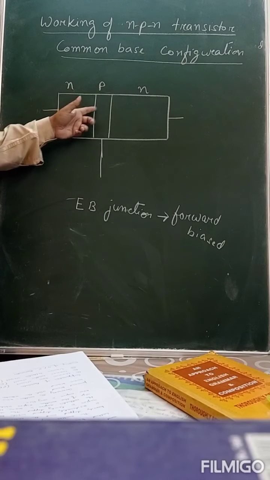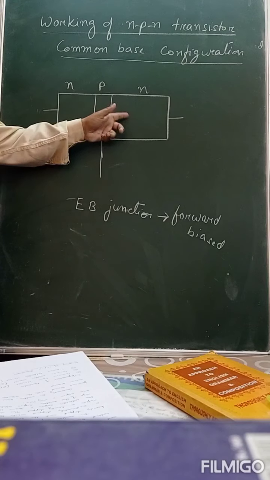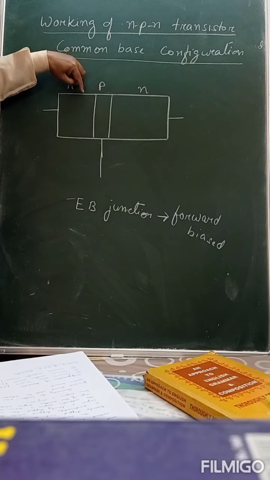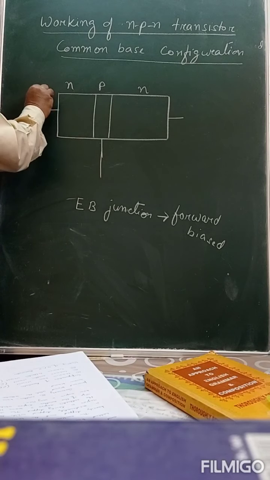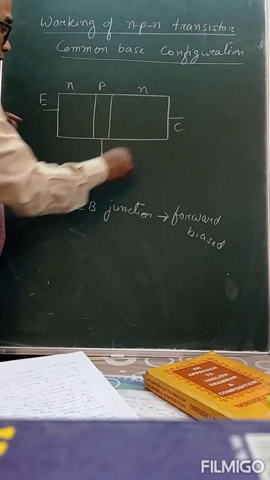Actually, since it has three different types of semiconductor, N, P, N, it has two junctions.